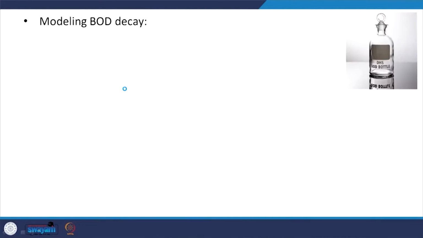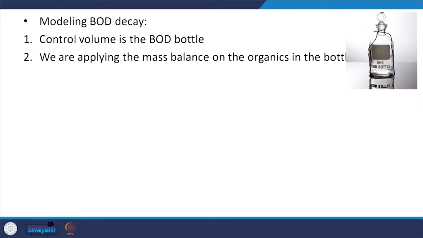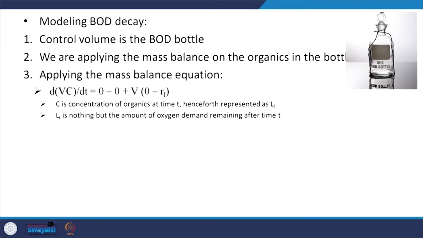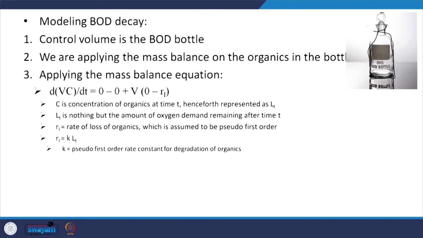What did we do? We just applied the mass balance. So, let us have a quick recap. Modeling BOD decay, what is the control volume? It is my BOD bottle, the 300 ml BOD bottle. We are applying mass balance on the organics in the bottle. I guess we already talked about these aspects. Lt is the amount of organic content remaining after time t.